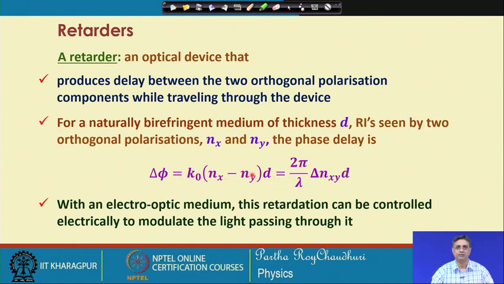If the amplitudes are different, then it will be elliptical. We have seen those examples in the earlier discussion in anisotropic medium.